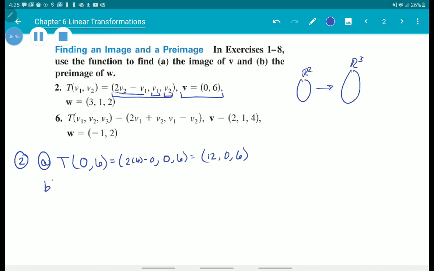Now B is asking you to find the pre-image. So in other words, what did you have to plug in here to get this guy out? So we have 2V2 minus V1.